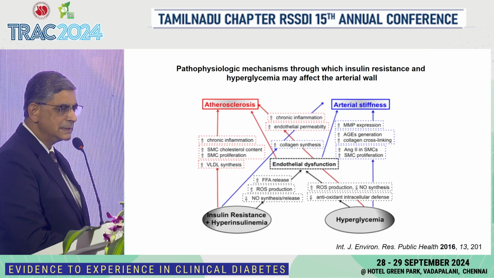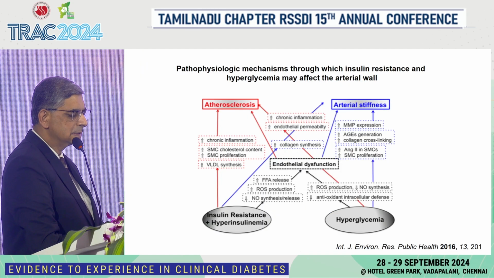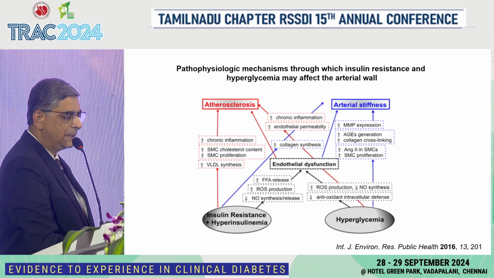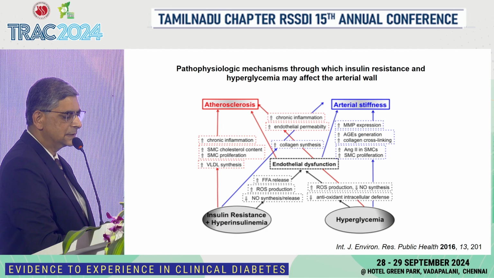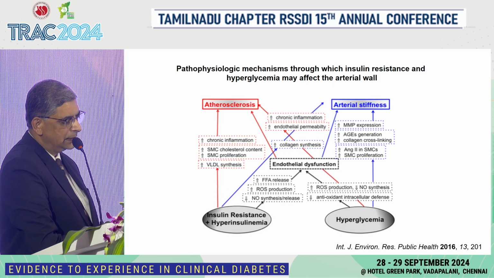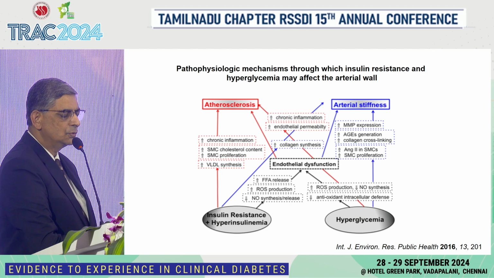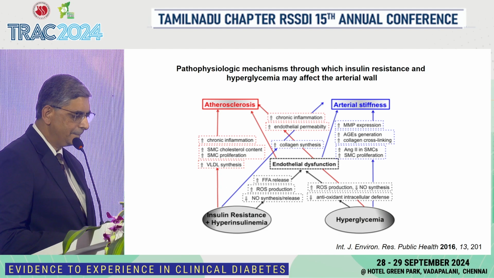But in a simplistic way, you've got insulin resistance and hyperinsulinemia, combine that with hyperglycemia, and you get a host of inflammatory reactions: increase in free fatty acids, increased ROS production, increased nitric oxide, and they all lead to endothelial dysfunction, ultimately through various pathways causing atherosclerosis and arterial stiffness.